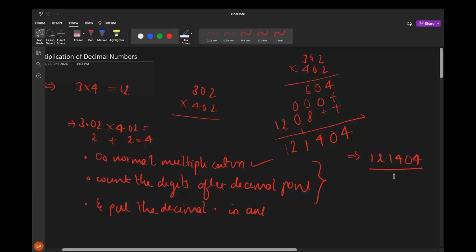So here also count 4 digits, 1, 2, 3, 4, and put the decimal point. So the answer is 12.1404. Do normal multiplication, count the digits after the decimal point, means right side. Total how many are there? 4 are there. Just from right to left count those digits, 4 digits, and put a decimal point.